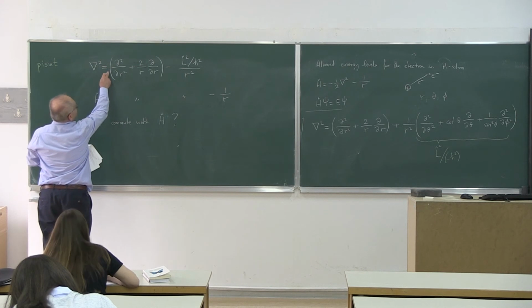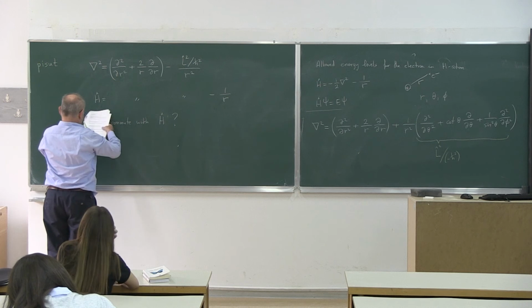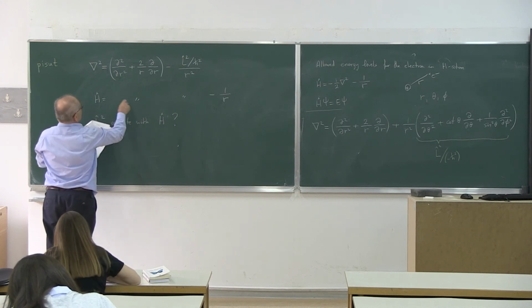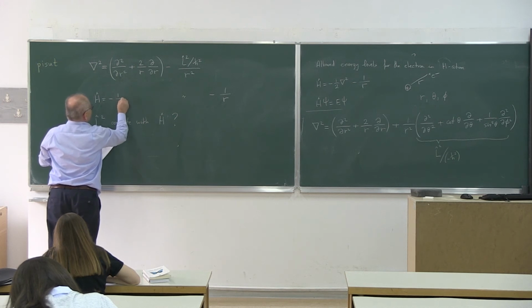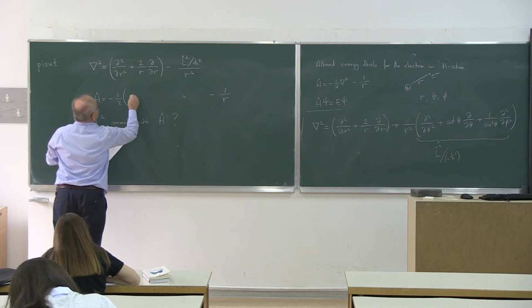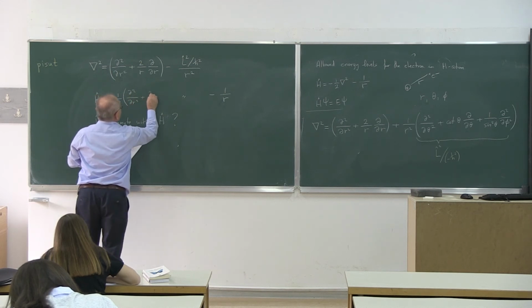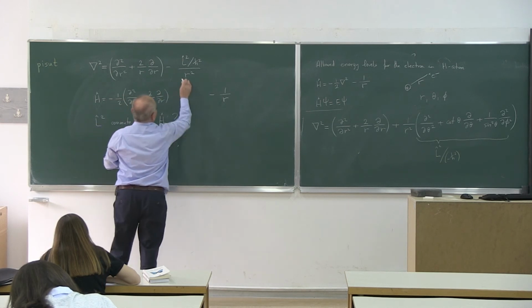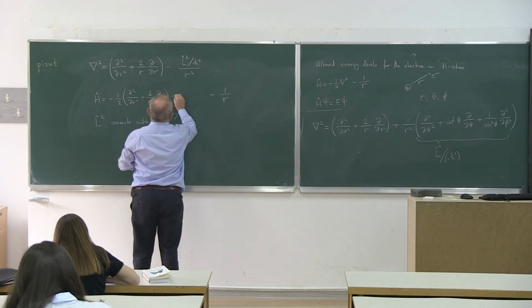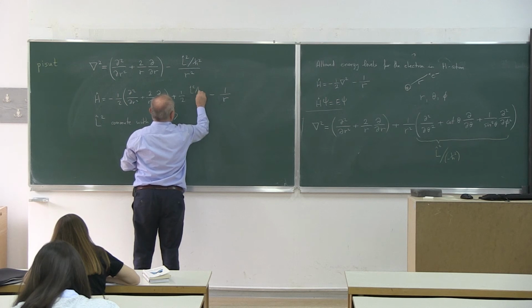Sorry, in this expression, first we have a minus 1 over 2 times this. And also this makes it plus 1 over 2 L square.